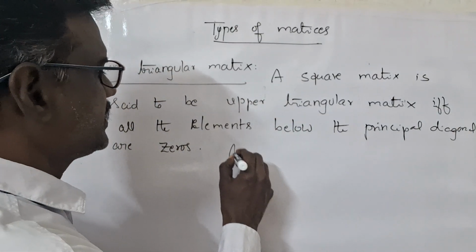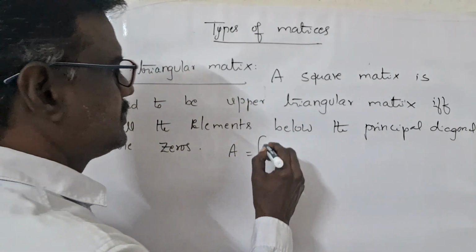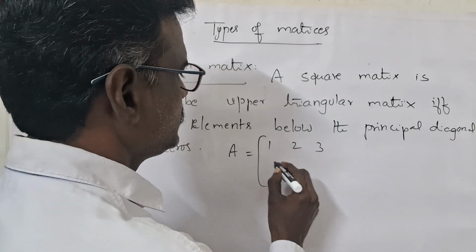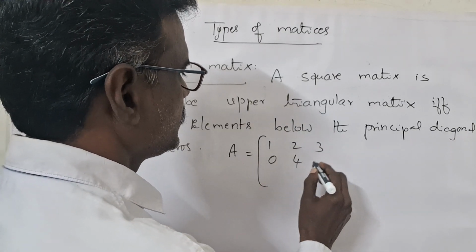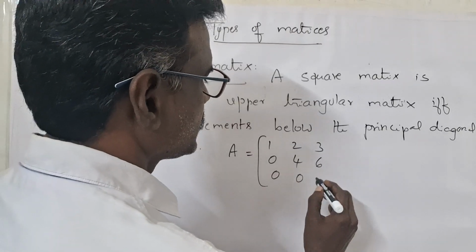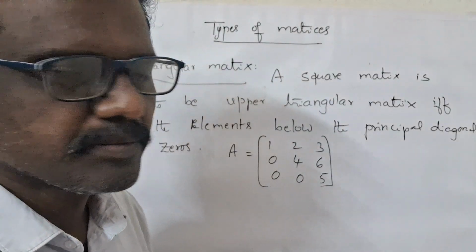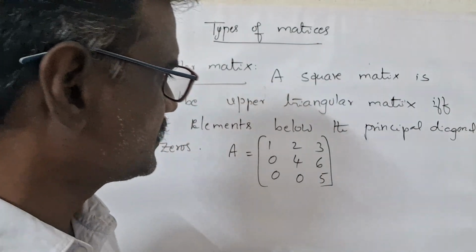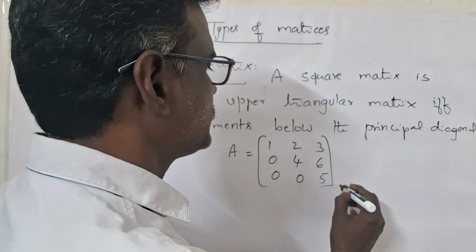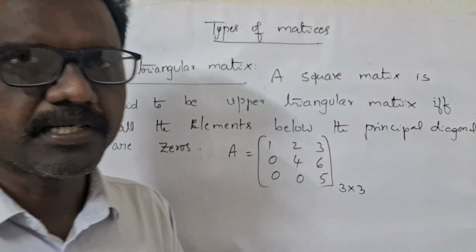Suppose I write a matrix like this: 1, 2, 3, 0, 4, 6, 0, 0, 5. If you observe, it is a 3 by 3 matrix.